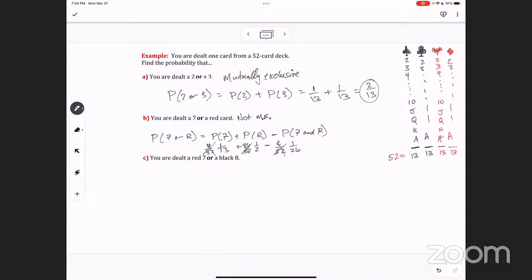So your answer is this. And so we have to get common denominators. What's the common denominator? 26. Good. So that equals 2 out of 26 plus 13 out of 26 minus 1 out of 26. And that equals 14 out of 26, which can reduce further to 7 out of 13.